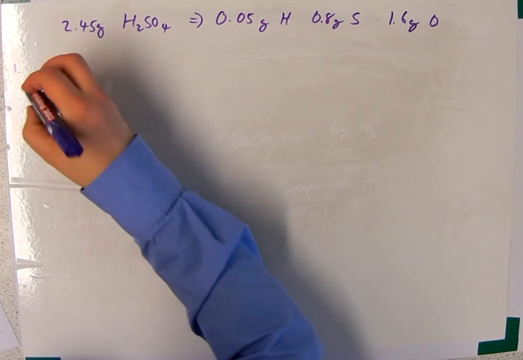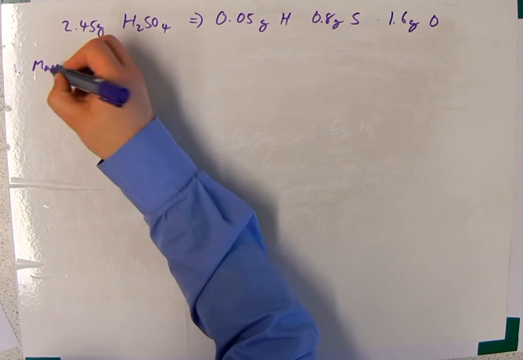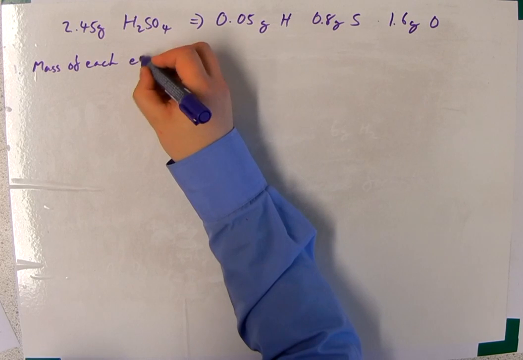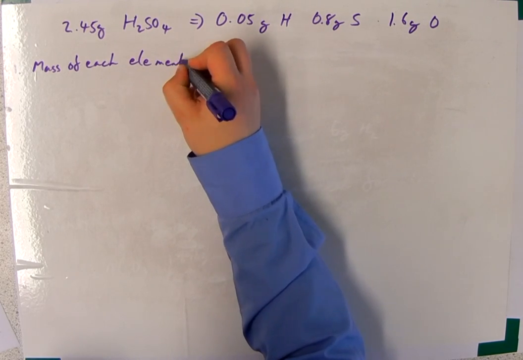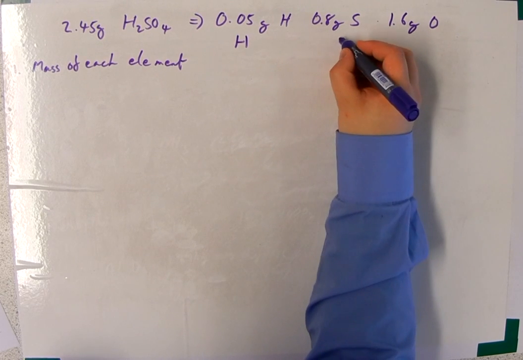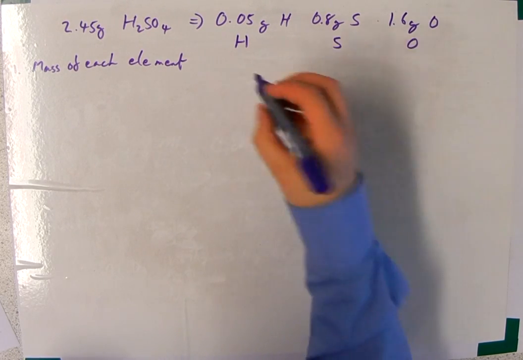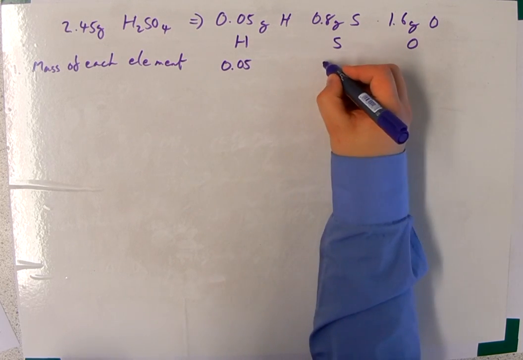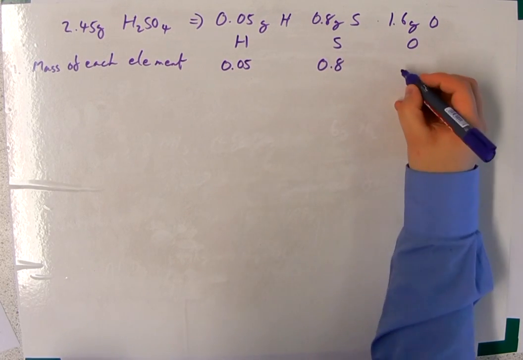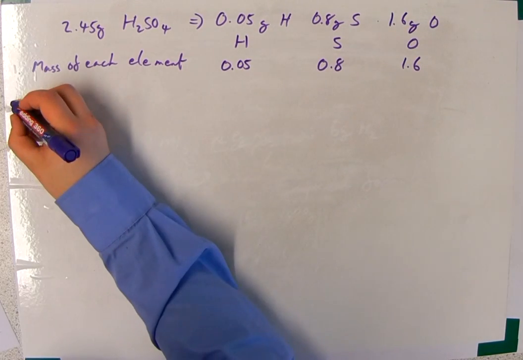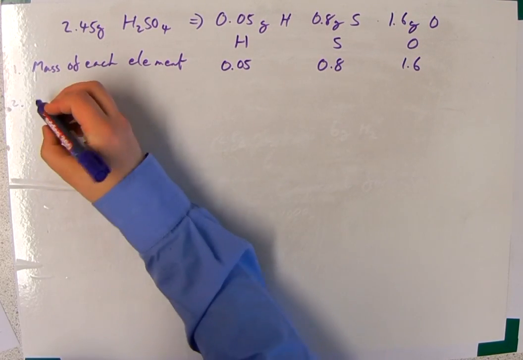Part 1. Mass of each element. So we've got hydrogen, sulfur, oxygen, which is 0.05, 0.8, 1.6. I'm just laying this out nice and step by step. Step 2.